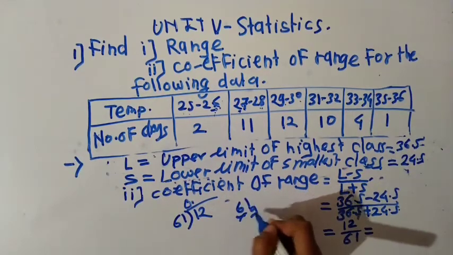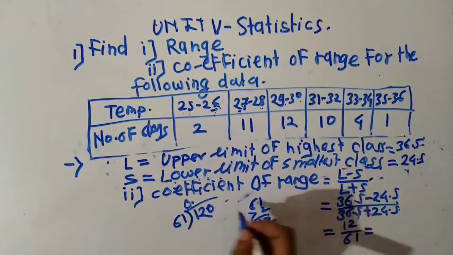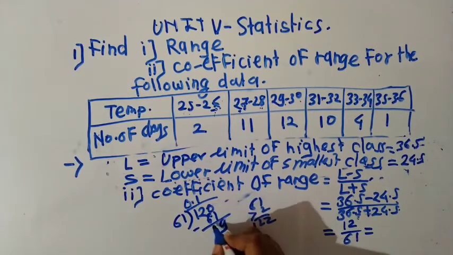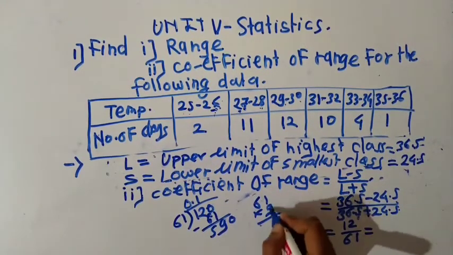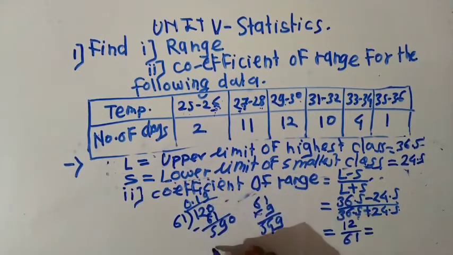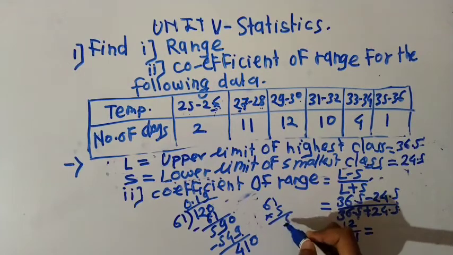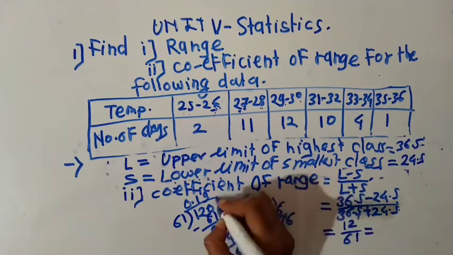Dividing 12 by 61: 61 into 1, 61 into 2 is 122, 61 into 9 is 549, and so on.